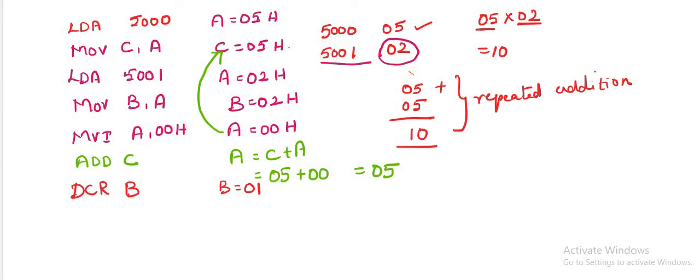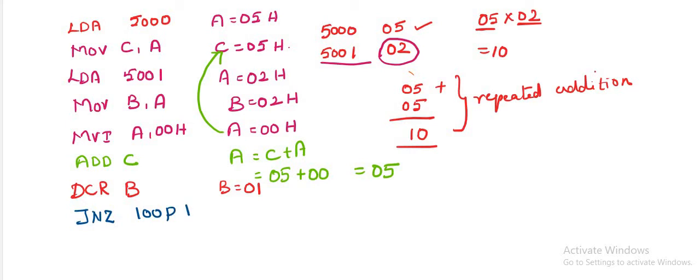Next we have to check whether the B register is 00 or not. Using the jump on no zero instruction we can check in the loop whether the B register is 00 or not. So JNZ loop.